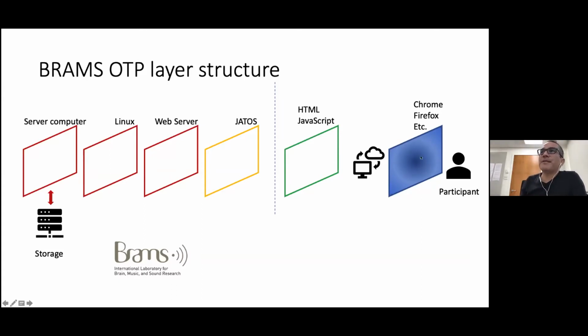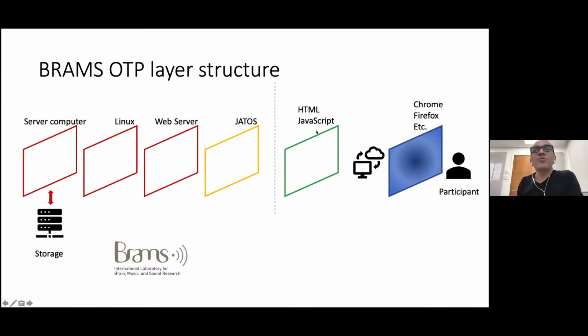So the participant clicks on the link, and then it makes a request to the server, and then the server is going to send that HTML JavaScript coded experiment via the internet and show it in the browser. And that is going to happen throughout the experiment, and that is how the participant is going to interact with all the stuff that we have here at BRAMS and all the experiment that you have coded here.